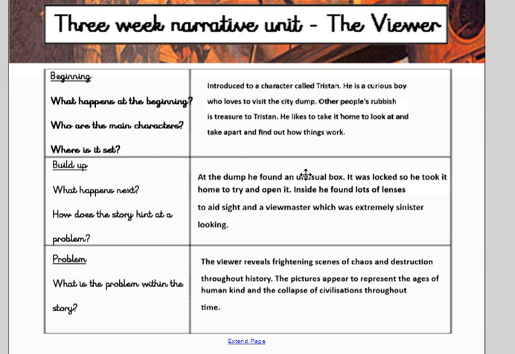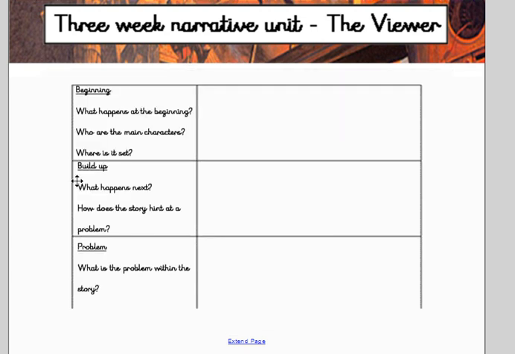Then we get introduced to the Viewmaster, we find out how he finds it, and then we start to have a little look. Then the problem is revealed, that chaotic and destructive scenes are shown, which then presents our character with a dilemma. Do they look, do they not?